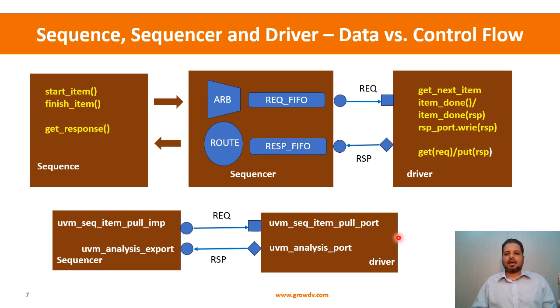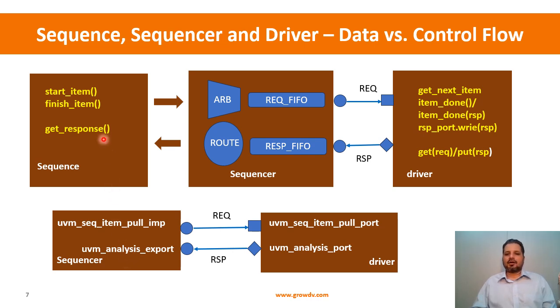So this is the pull port that gets utilized for that, and the second TLM port is for the response communication, and that is of the type UVM analysis port. And then the sequencer contains the UVM analysis export, and through this the sequence can extract the response.